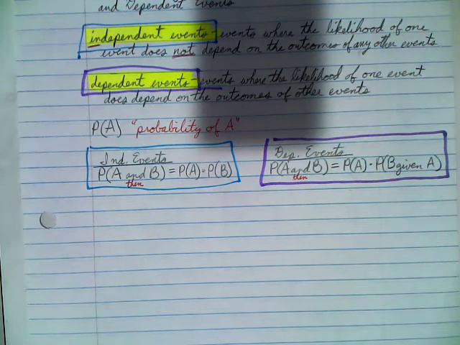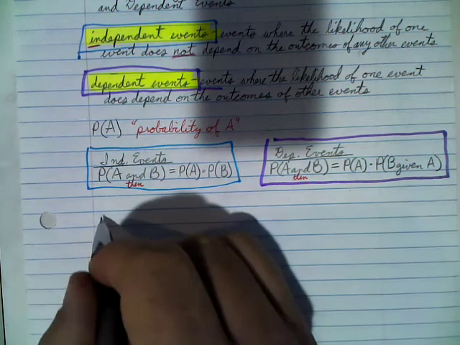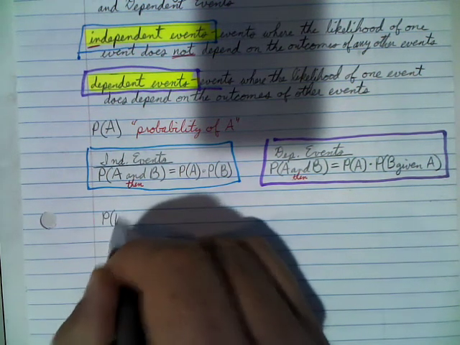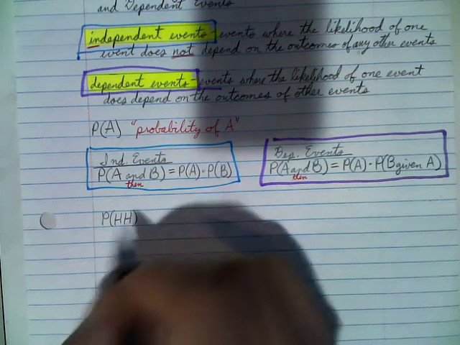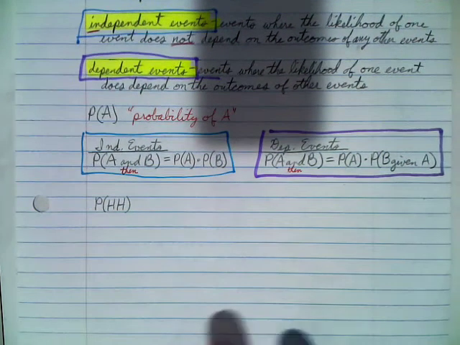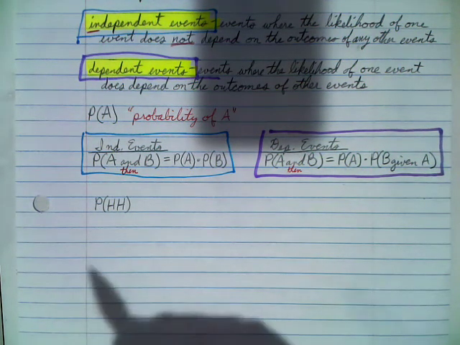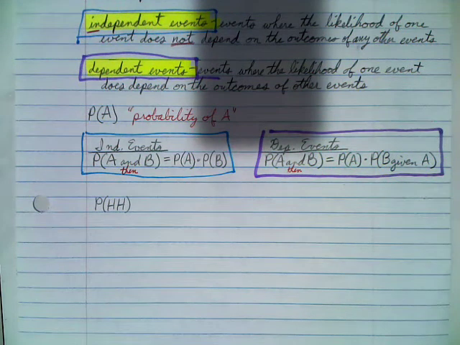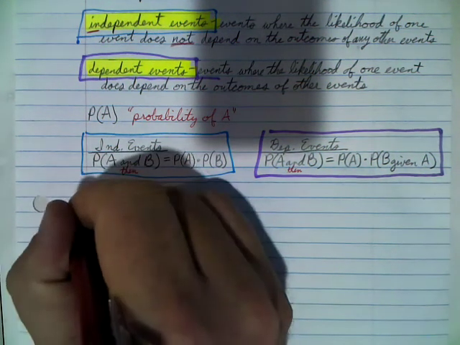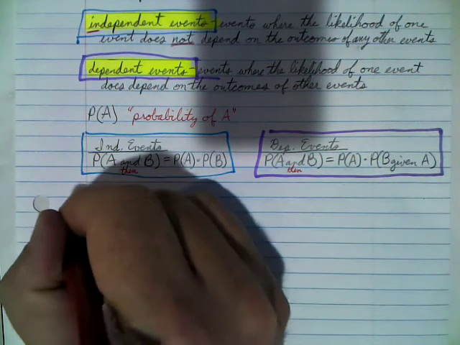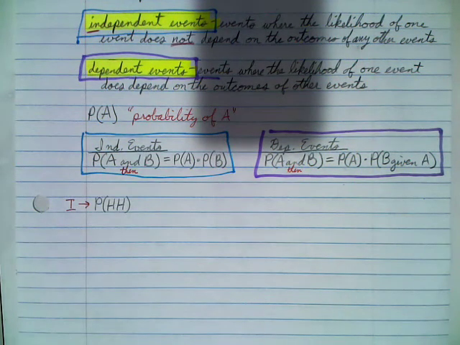All right, so let's try a few of these out. So first of all, if I were to show you something that looked like this, typically in probability, if we have a capital H, it usually means heads. We're usually talking about flipping a coin. So what is the probability here of flipping a coin 2 times and both of them being heads? Well, first of all, does one coin flip have an effect on the other? No, it doesn't. So since it doesn't have any effect, these are independent events.